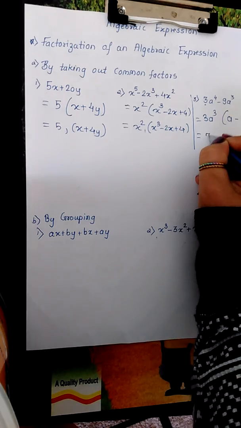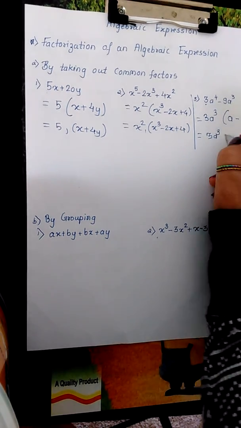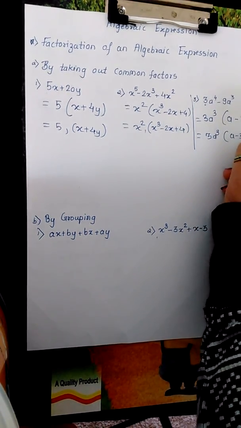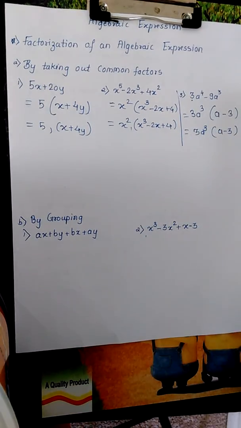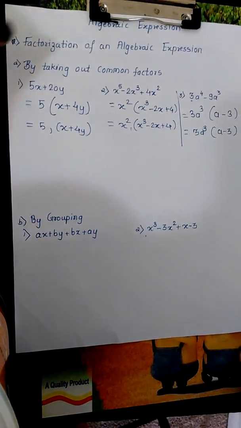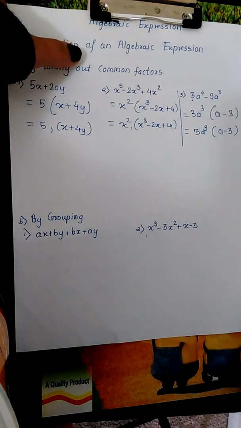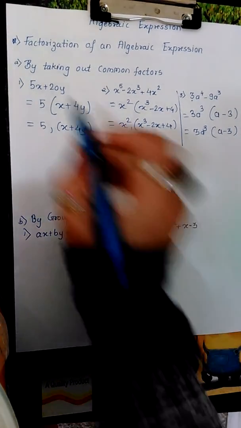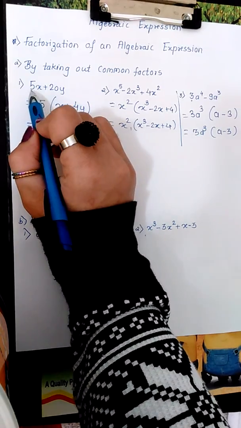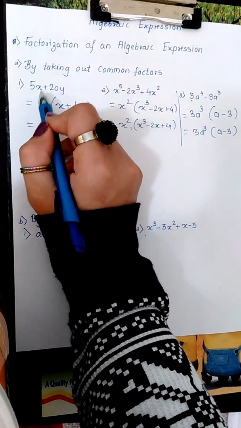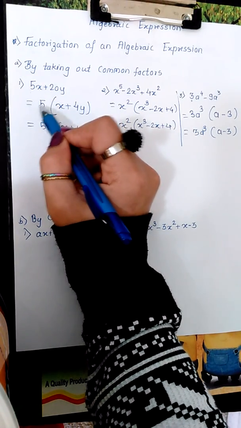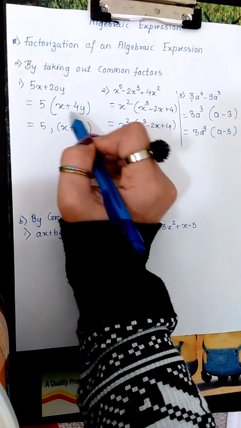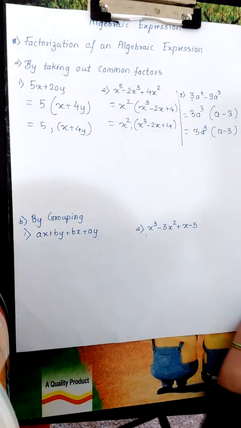So the factors will be 3a cube and a minus 3. So what we have done in this method is we have taken out the common factor from the whole expression, written the common factor outside the bracket, and written the quotient obtained in the bracket.